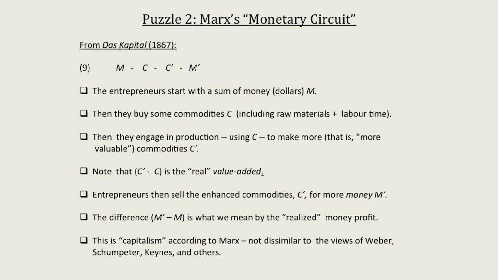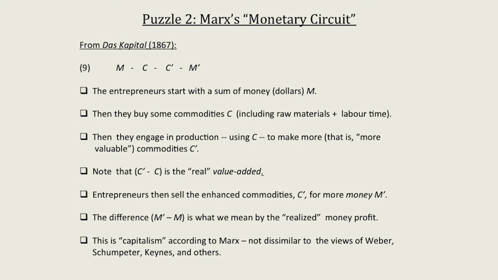Now, here's the leading question. What do we mean by more commodities? Well, we mean more valuable commodities. So in some sense then, C prime minus C is the real value added. So the entrepreneurs then sell the enhanced commodities C prime for more money, M prime.